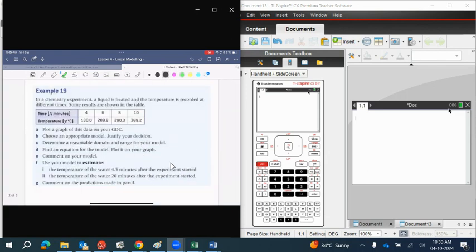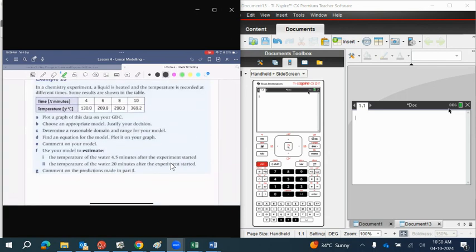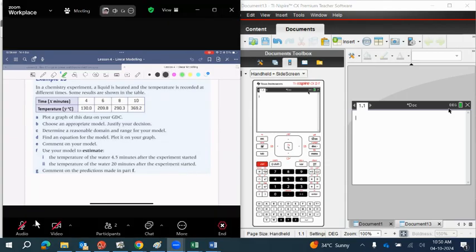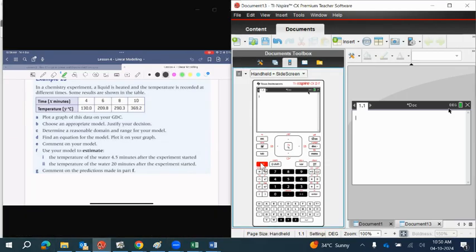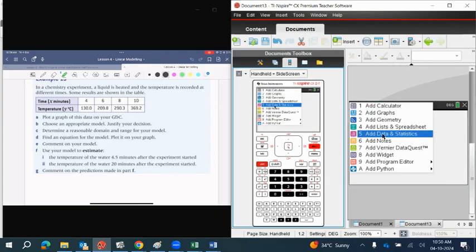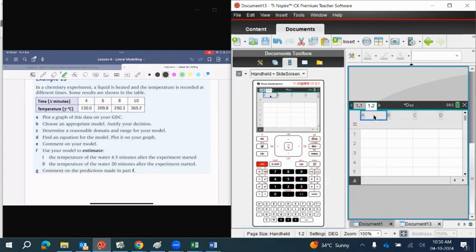So we have this question here where we've got this table of data, and in the first part we're asked to graph it on the calculator. So what you want to do on your calculator is press Control, Add Page, and add a list or spreadsheet. And then we can put some names in here. Our first one is time, and our second one is temperature. Typically, we will type these in, and then we'll put the information.